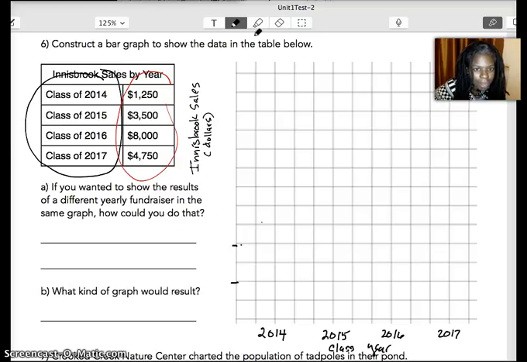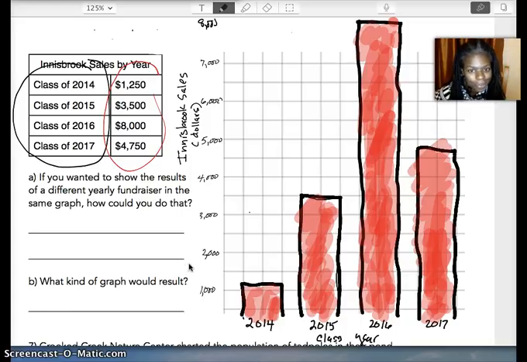So I'm going to do that, and I might have to tack on a little extra at the top. So here's what we have as our bar graph. Notice that we have the finances along one side and the year along the other, and we can visually see just how much more Innisbrook sales were for the class of 2016 than the class of 2014.